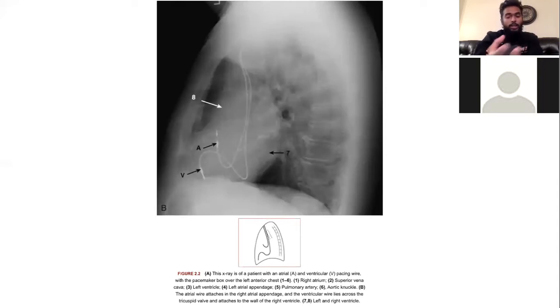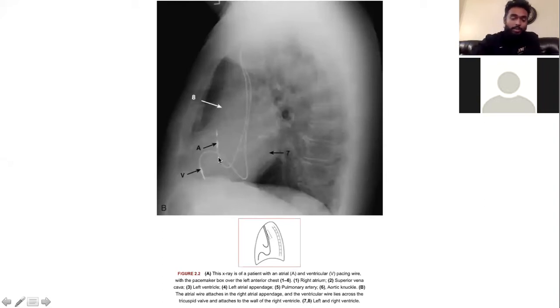You can't really see the right atrium here because it's a lateral view. The right atrium lies in more of a coronal plane. This is more like a sagittal plane. So the right atrium is in the same area, but it's more like down a few more slices in one direction. That makes sense. I get what you mean.